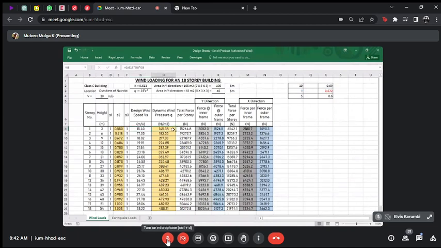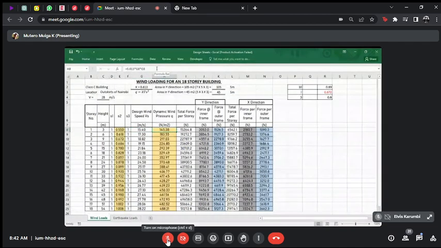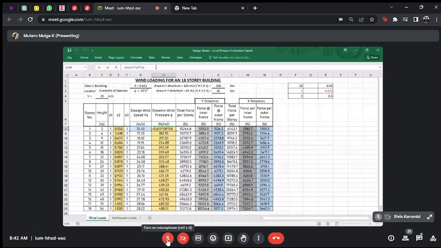For dynamic wind pressure, we also have a formula including K and the design speed squared, and then the total force for each story is given by the dynamic wind pressure times the area.